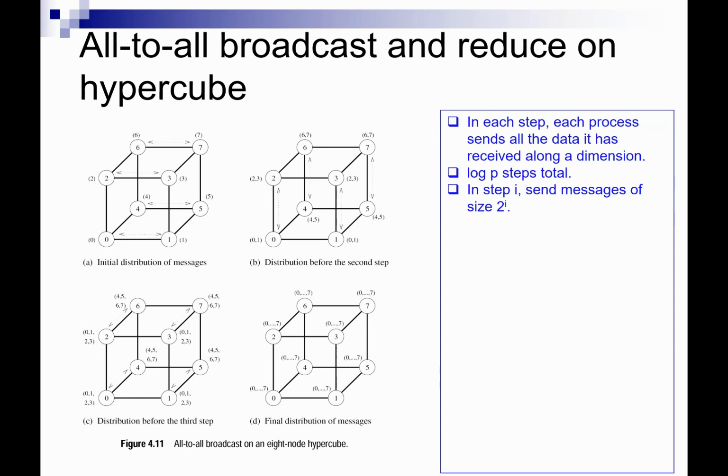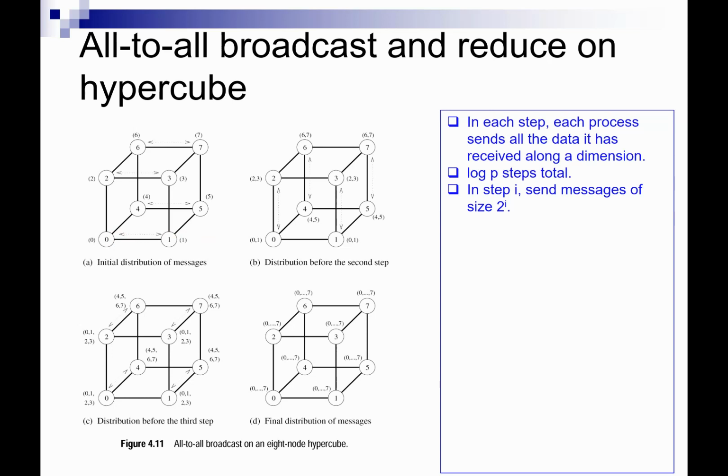We're going to solve the problem along each dimension, one by one, so it's going to take log p steps. In each step, we pick one of the dimensions that we haven't processed yet, and we exchange all of the data along that dimension.